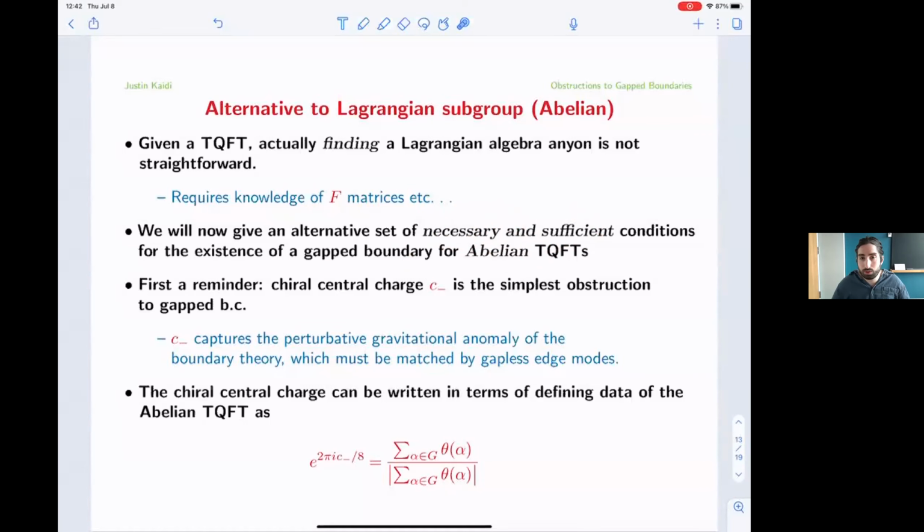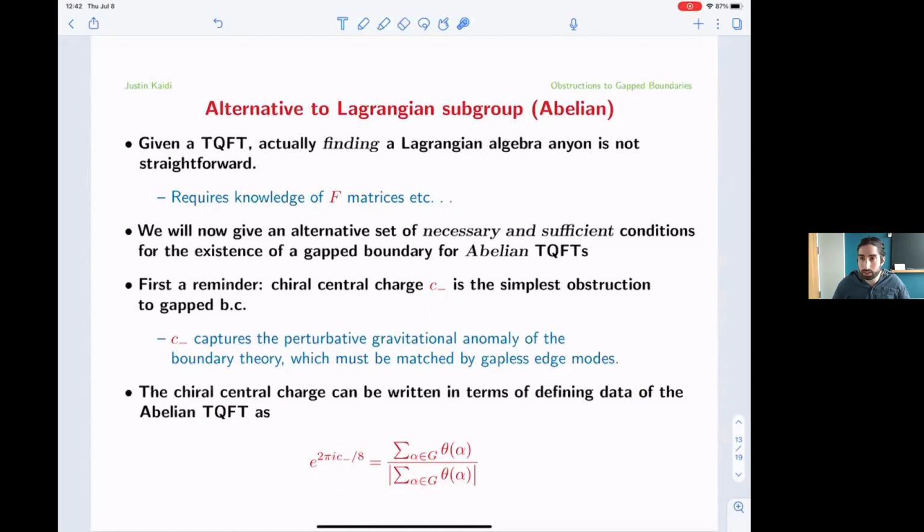So in order to give you these new obstructions, I now want to first give you a reminder. Remember that the chiral central charge, C minus, was the simplest obstruction to having a gapped boundary condition. This we already mentioned. And something which is really nice is that the chiral central charge can be written in terms of the defining data of the Abelian TQFT, that is to say G and theta, as follows.